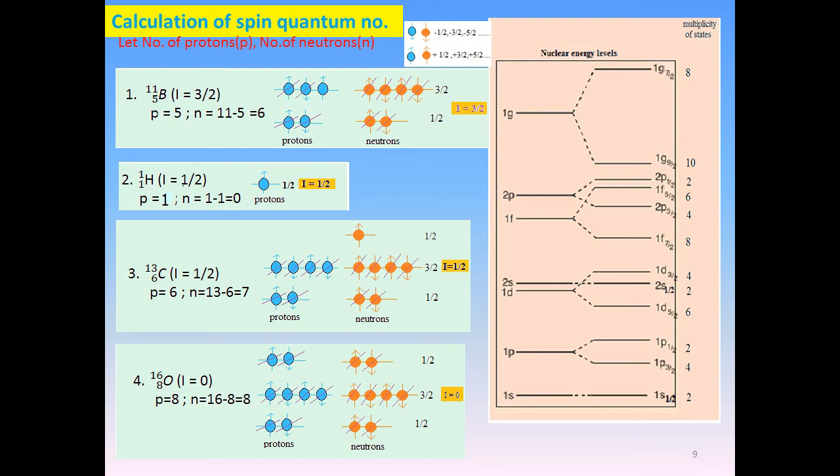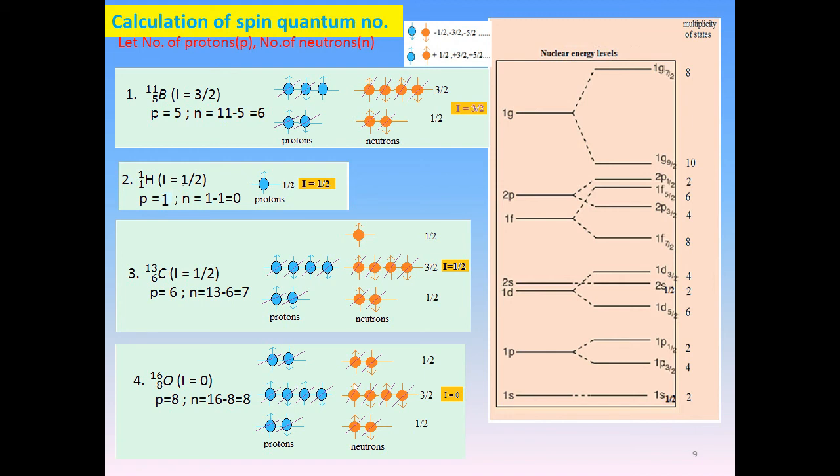So P, the number of protons, will be 5, as the atomic number is the number of protons or number of electrons. The mass number is 11, which is the summation of the number of protons as well as neutrons. So to find the number of neutrons, we take the difference between the mass number and the atomic number, which results in the number of neutrons.